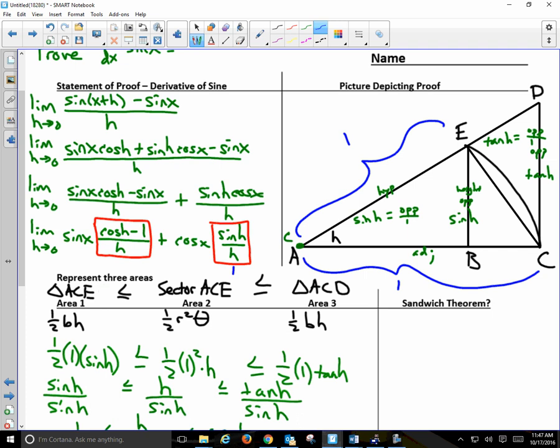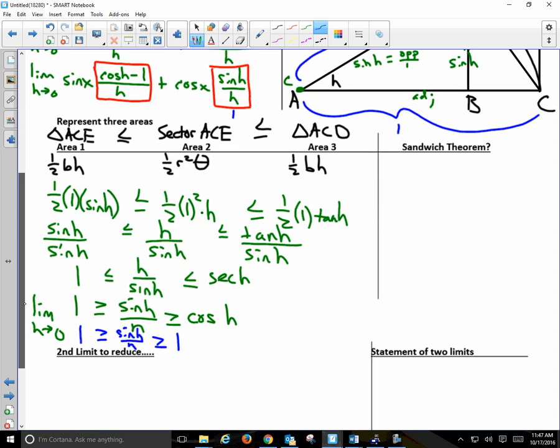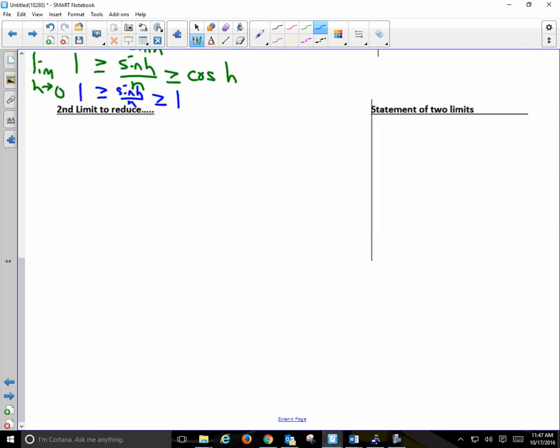Now all we need to do is this one, and this one is super short. So let's do the second limit: the limit as h goes to 0 of cosine of h minus 1 over h. What I'm going to do is multiply by the conjugate.